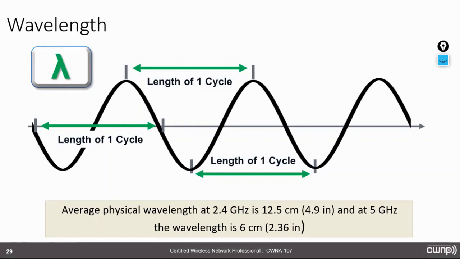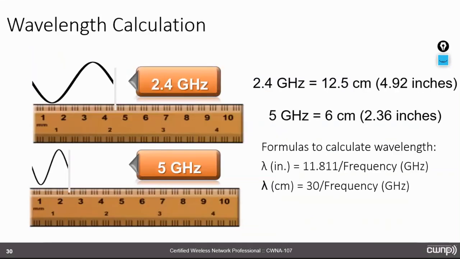The wavelength is the distance traversed during one cycle. This is one cycle of the signal, and this is the distance. This distance tells you which frequency is lower and which is higher. In this lesson you will also learn the wavelength calculation.